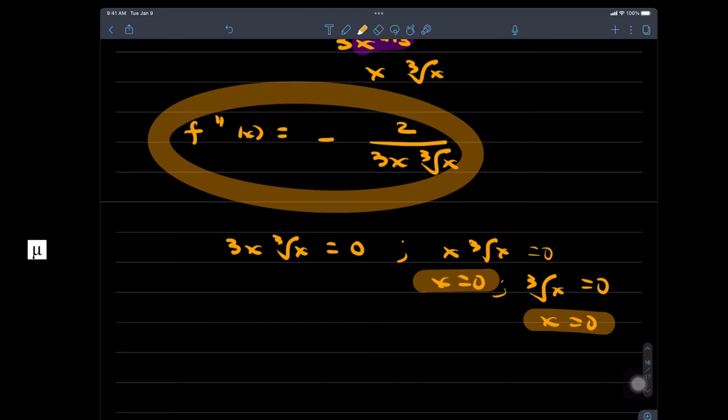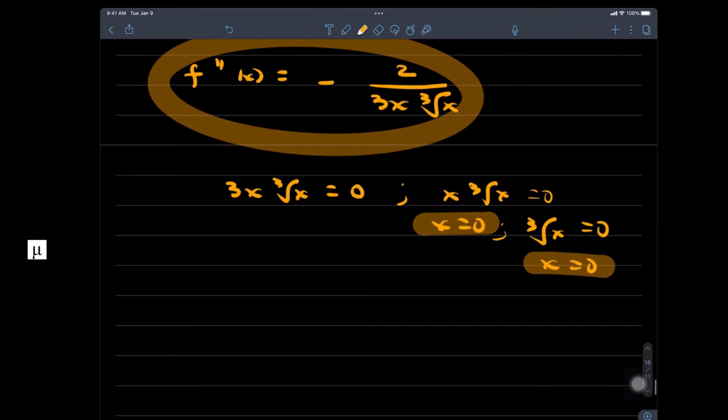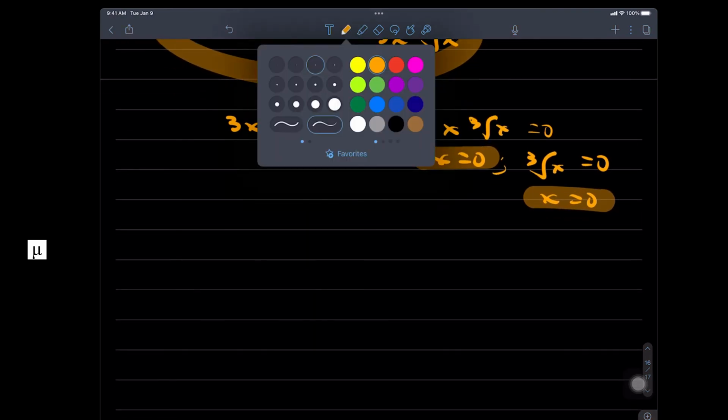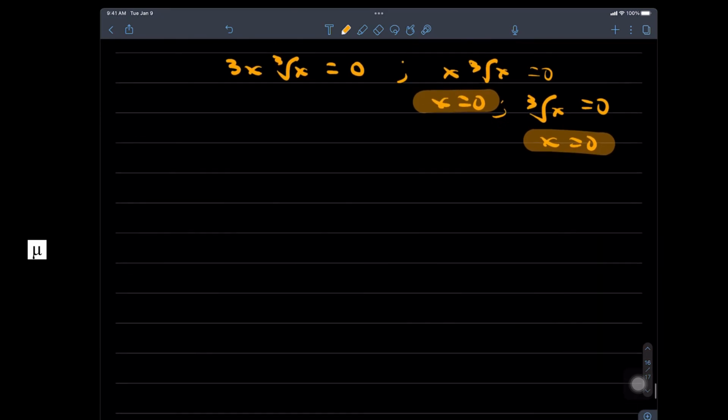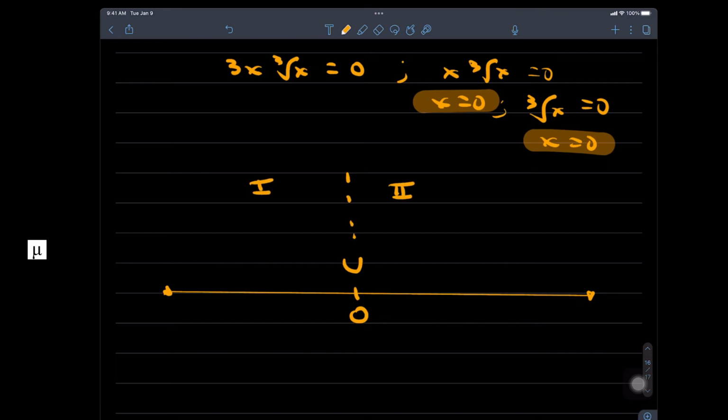All right, you guys okay with that? Don't think, oh, what does that mean? It just means the second derivative is undefined. This is not the first derivative. Okay? So 0 is important. You are undefined here. Region 1, region 2. This is on the second derivative.